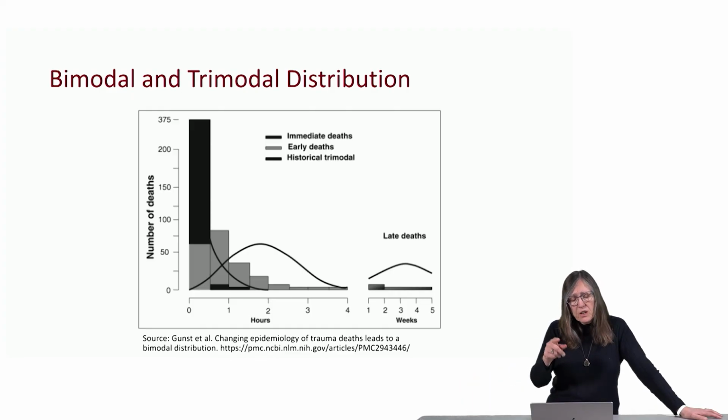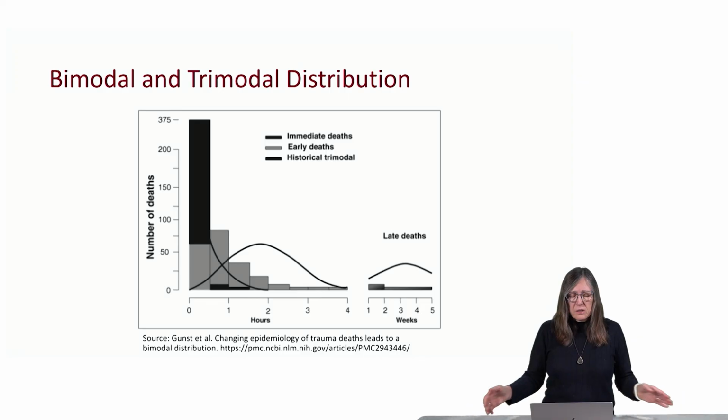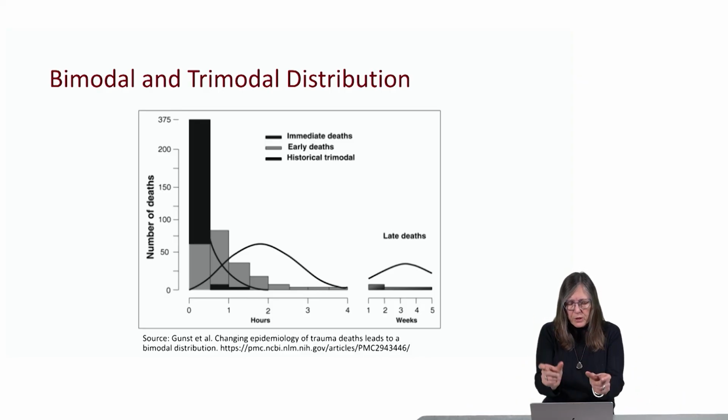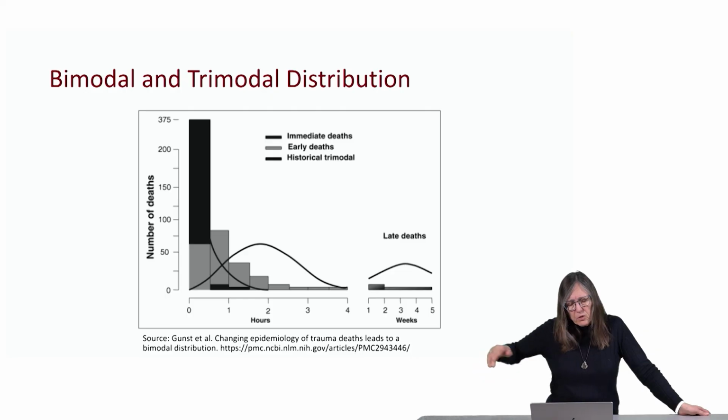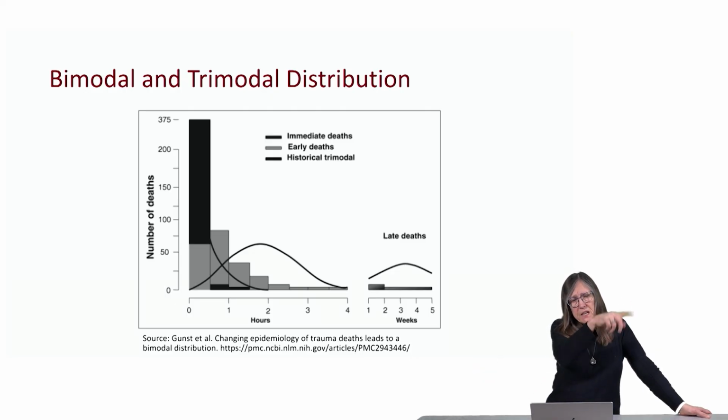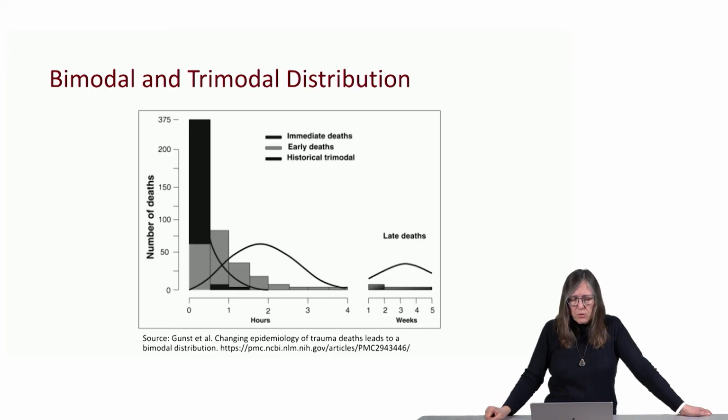And then in the dark curves, you see the bimodal versus trimodal. If you were to look at them, again, just separating out hours and weeks, you see almost a normal distribution on both. Bimodal. If you include those immediate deaths, within the first 30 minutes, that's where you get your trimodal. So again, trimodal 3, bimodal 2.